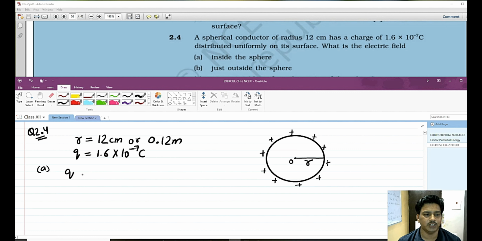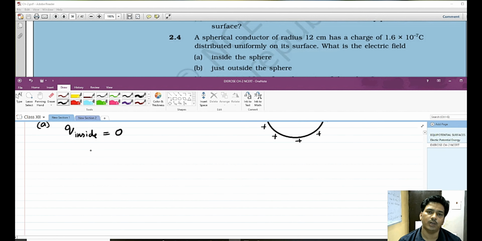The net charge inside the spherical conductor is zero, because all the charge resides on the surface according to the property of a conductor. So if the net charge inside is 0, therefore the electric field is also equal to 0.